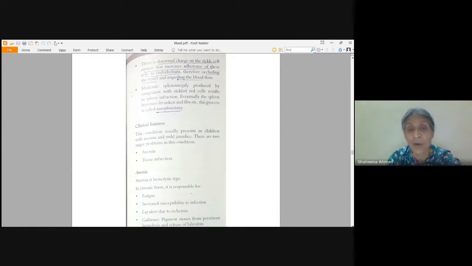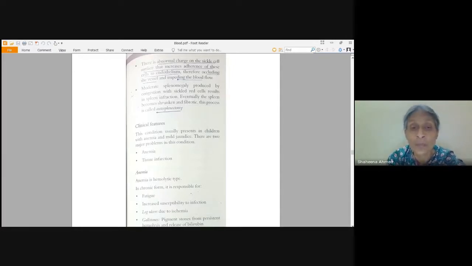And as blockage keeps on occurring, infarction starts setting in. Ultimately, the whole of the spleen is infarcted, and when that happens, the spleen becomes shrunken and fibrotic. This process is known as autosplenectomy.